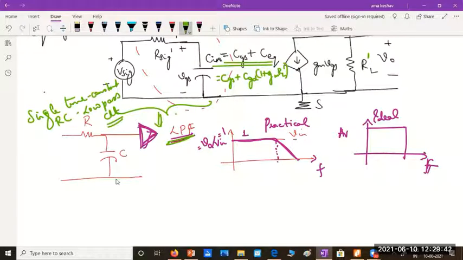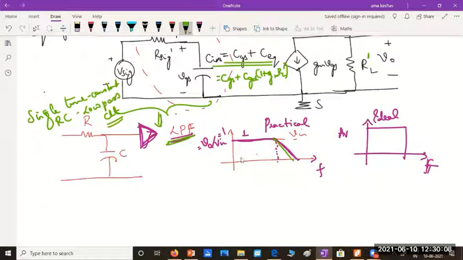So what is a low pass filter? I was telling you in the last class. It is a circuit which allows the low frequency components of the input signal to pass through as it is, and it will block or attenuate the high frequency components. So the frequency response will look something like this.